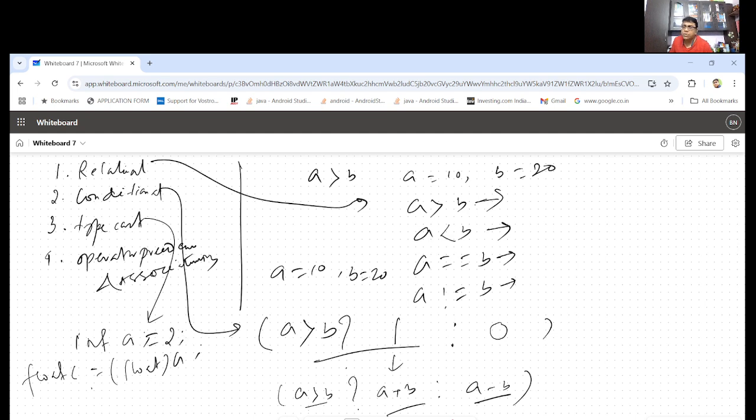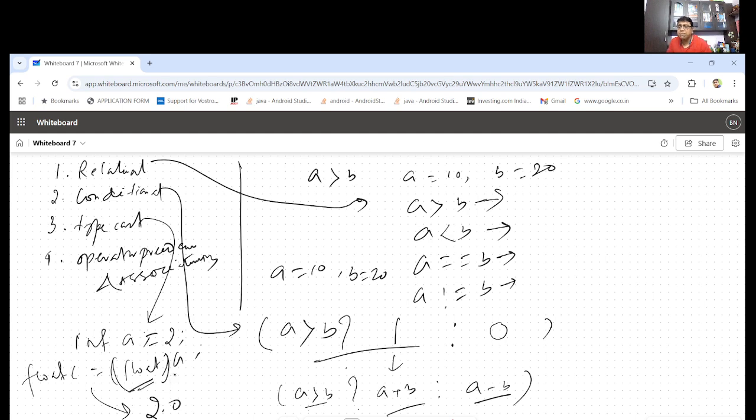Then the value of c will be 2.0. So you are converting the integer into float. This is the typecast operator. You are using it to convert into float type, right?